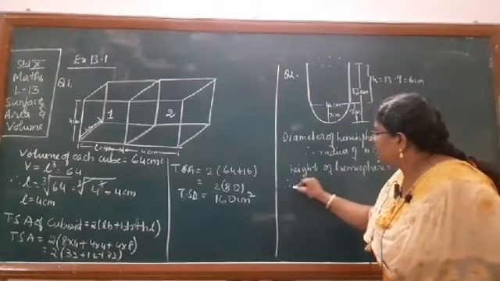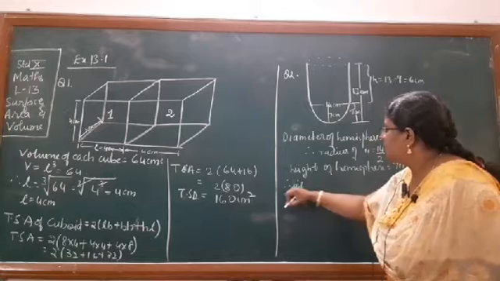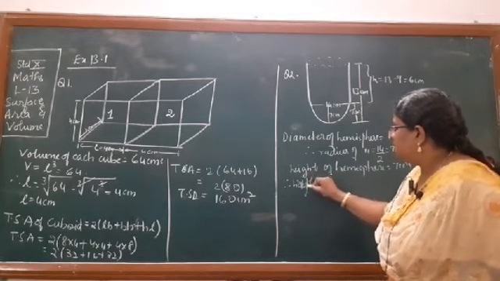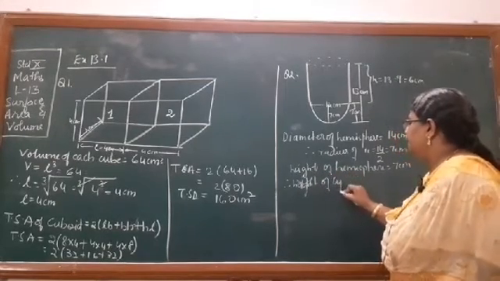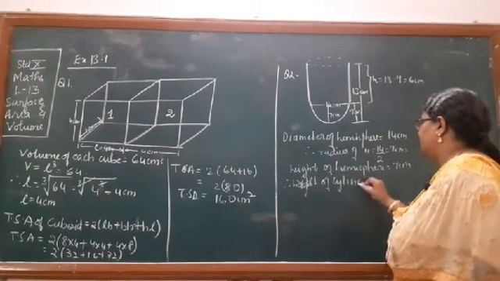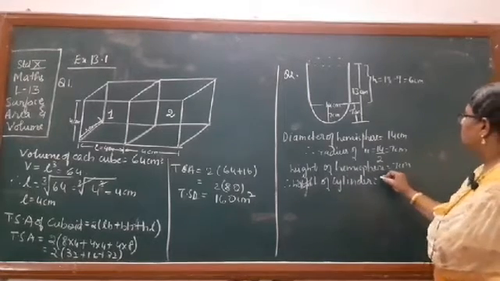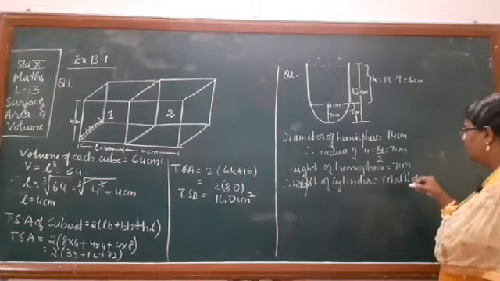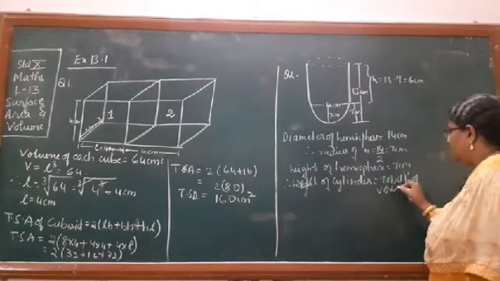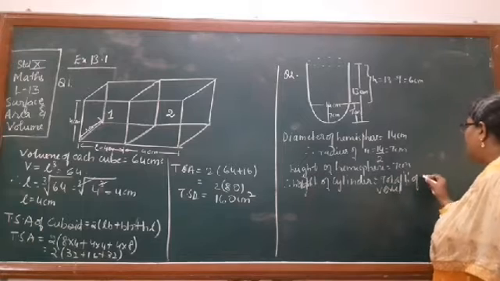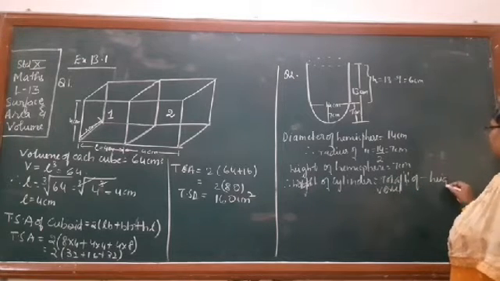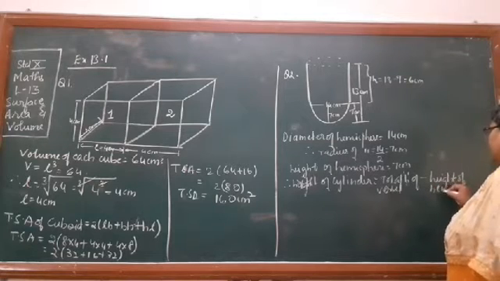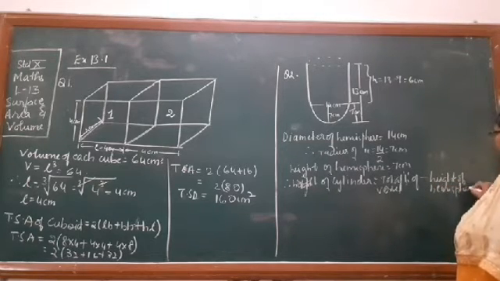Okay, so what can I write? Therefore height of cylinder will be equal to total height of vessel minus height of hemisphere.